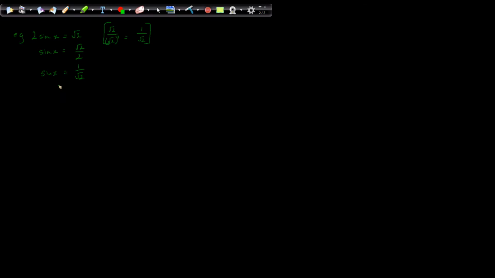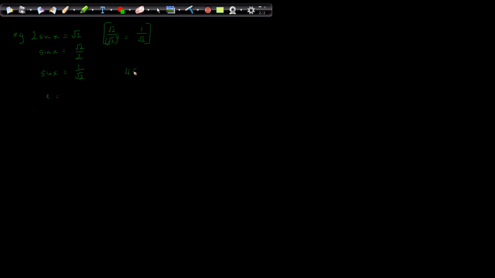Just as an aside, now on my calculator, once again making sure that I'm working at the moment in degrees mode for this. Okay, the inverse sine of 1 over root 2. Okay, I get 45 degrees.